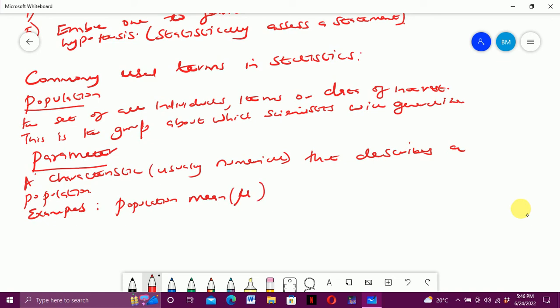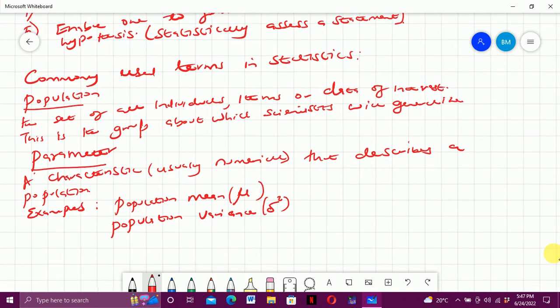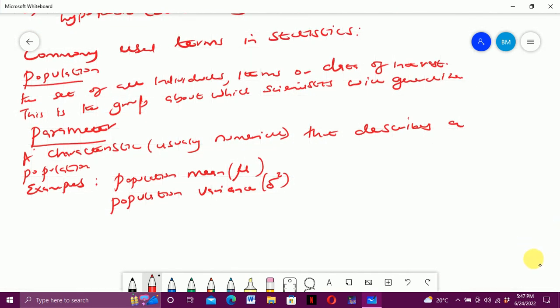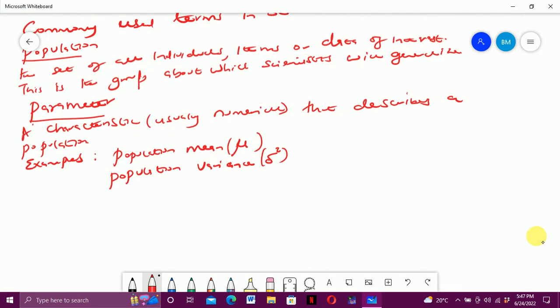We also have population variance, which we denote using that symbol. So a parameter is a characteristic, usually numerical, that describes a population.